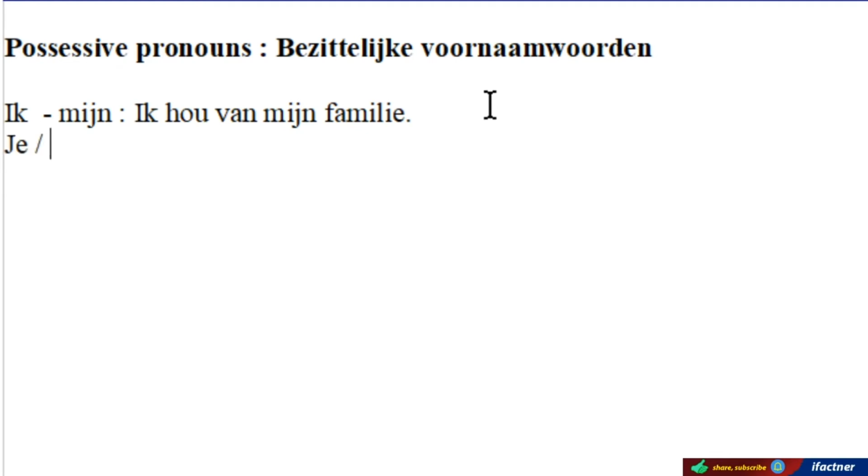For je or jij, we use je or jouw. For example, we can say dit auto is van jouw, or dit is jouw auto.